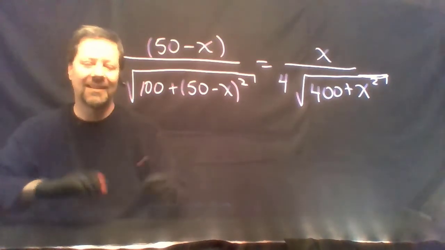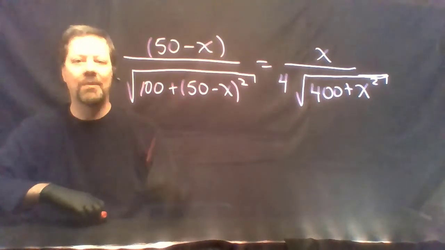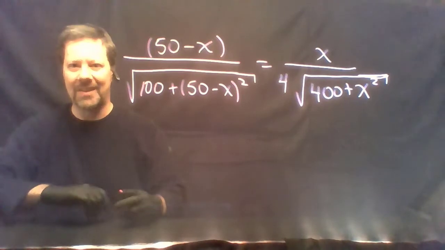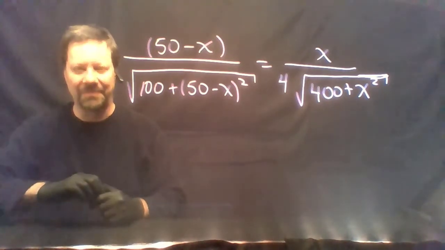Now, we could try to solve this the old-fashioned way. We can square both sides and then cross multiply, gather all the terms onto one side, and then solve for x. But I have another way I'd like to show you.